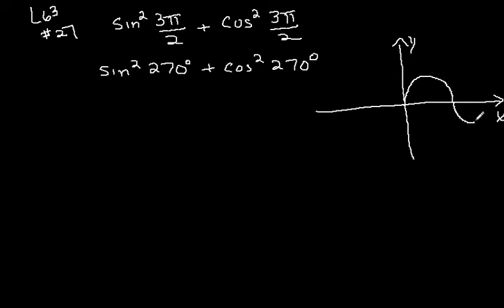Here's our sine curve and our cosine curve. Let's see. This, it would be 0, 90, 180. This would be 270 and 360. This peaks at 1 and it valleys at negative 1.